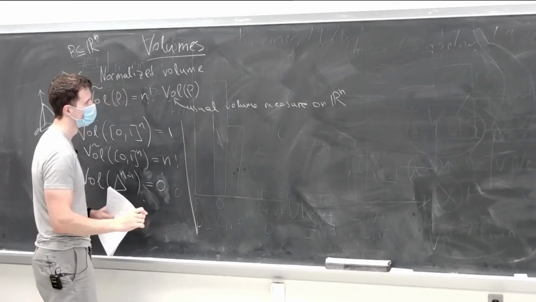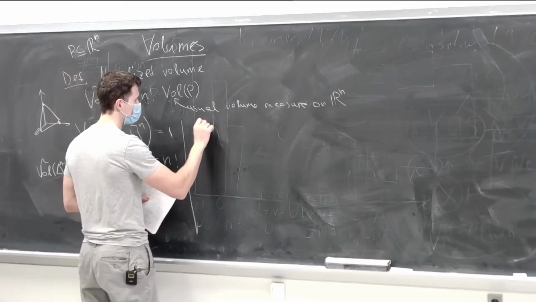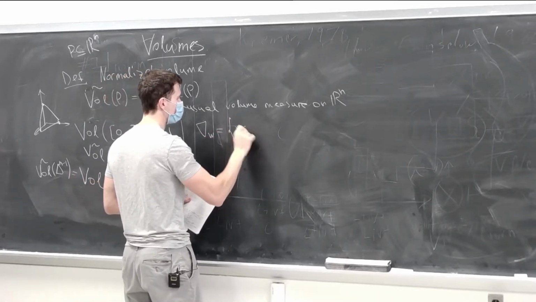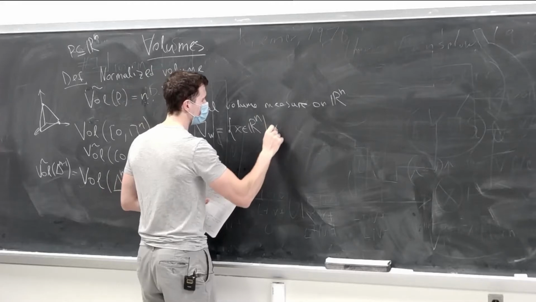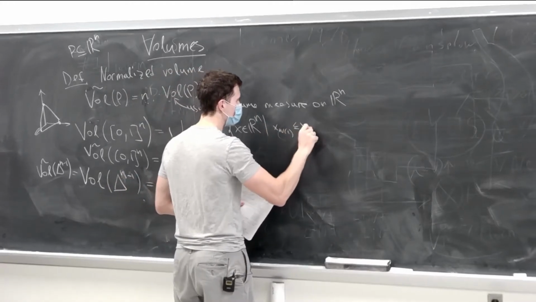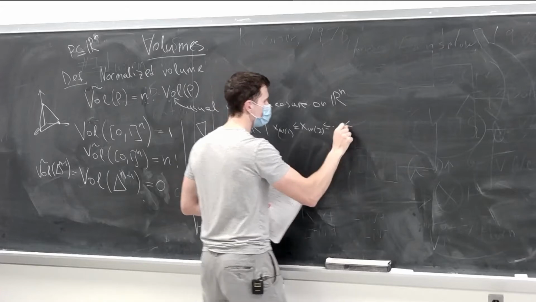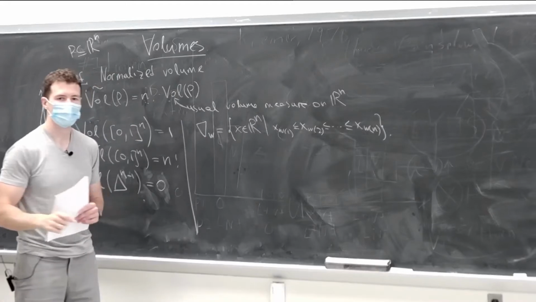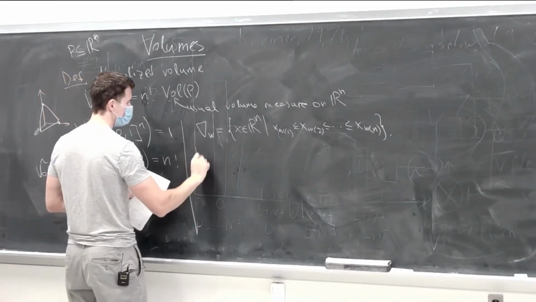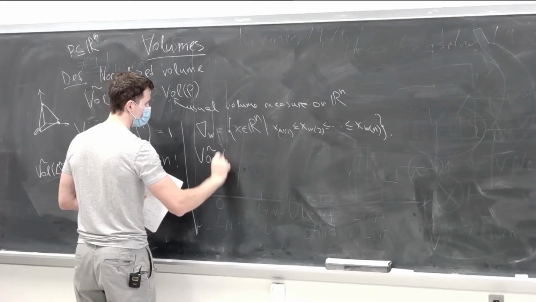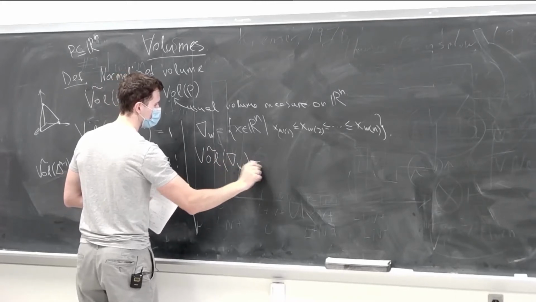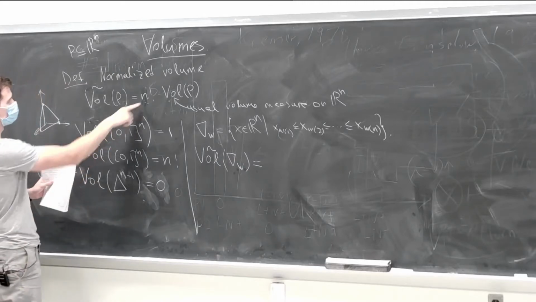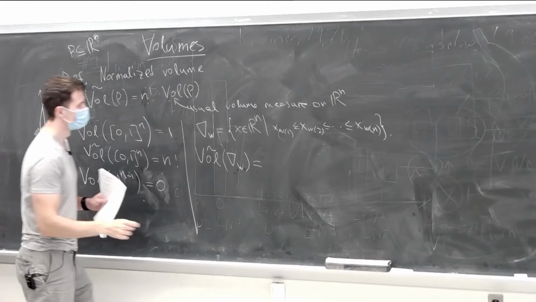And what about, remember we had a different simplex. Sigma_w is the subset of x in R^n where x_w(1) is less than or equal to x_w(2), etc., less than or equal to x_w(n). What is the normalized volume of this simplex? 1 over n factorial, and you have to multiply by n factorial, so just 1.